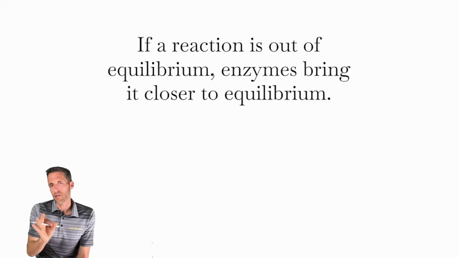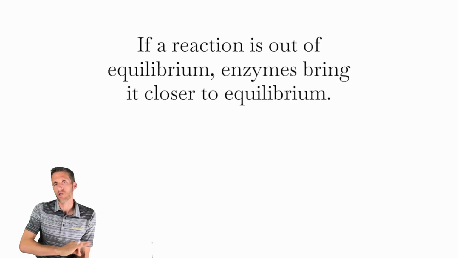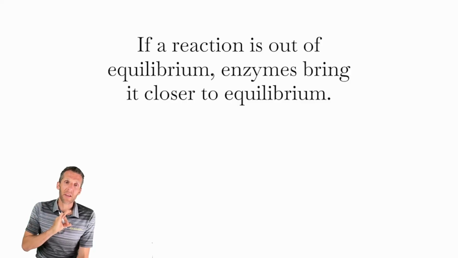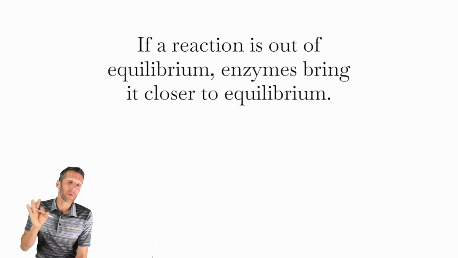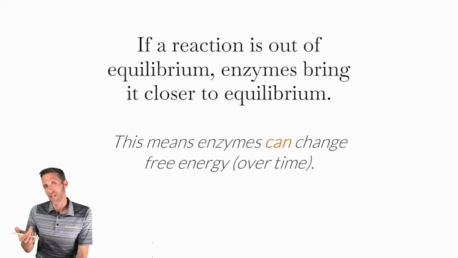Another way to say what I just said is that if a reaction is out of equilibrium, enzymes will start bringing it closer to equilibrium. And if an enzyme is bringing something closer to equilibrium, it's actually changing the free energy of that reaction over time, right?